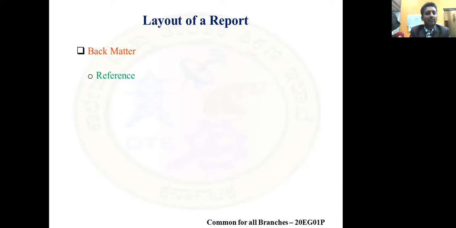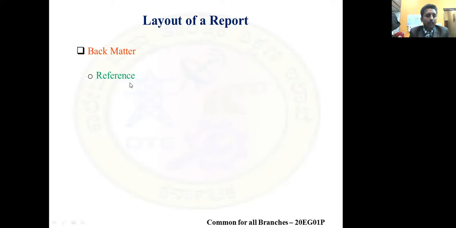This is done by citing such works in the text and listing them in alphabetical order at the end of a report. We refer to so many books, journals, websites and other resources, and those have to be given reference at the end of the report. So that is under reference.